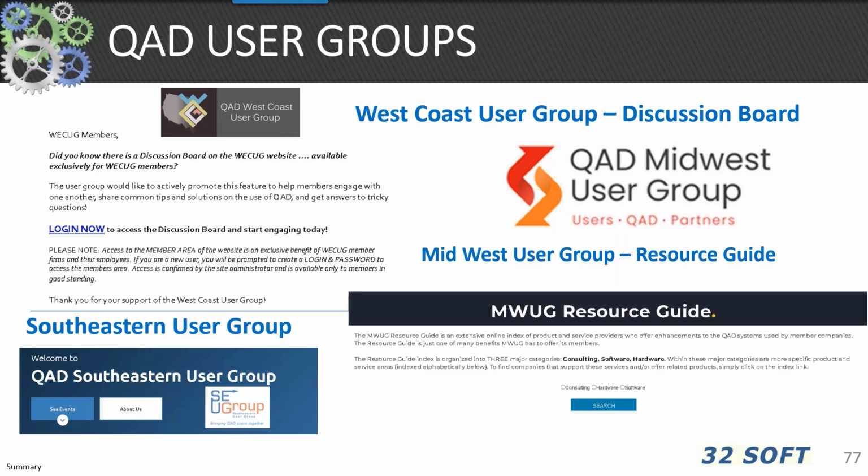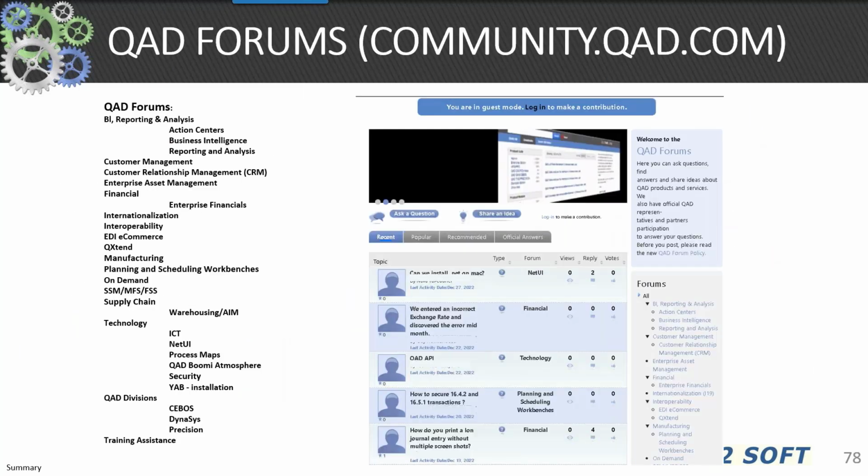West Coast user group just updated its website with new panel of directors and selections. And for those of you who can attend, the West Coast user group is holding their spring 2025 meeting on April 13th through 15th at the Hilton Gardens in Carlsbad in California.